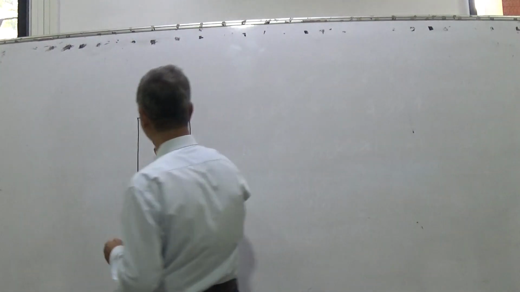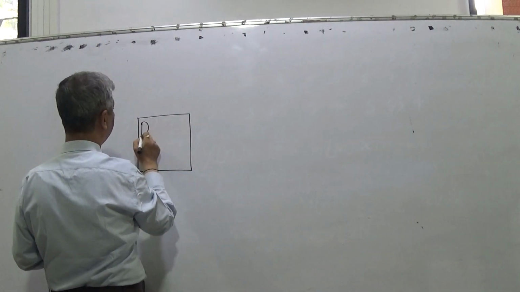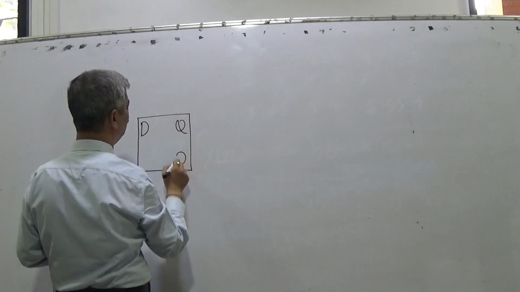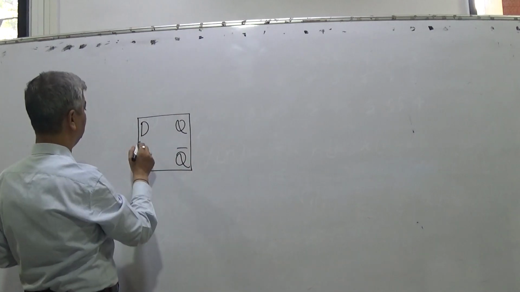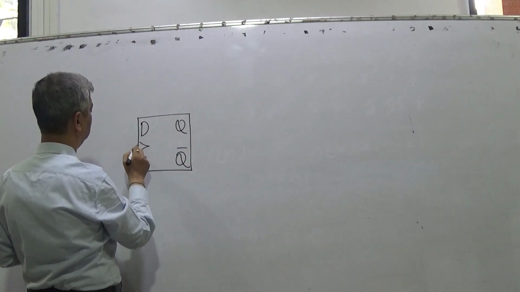The D flip-flop we have seen has D, Q and Q bar. Q bar is normally not required in registers, and it has a clock, active low.